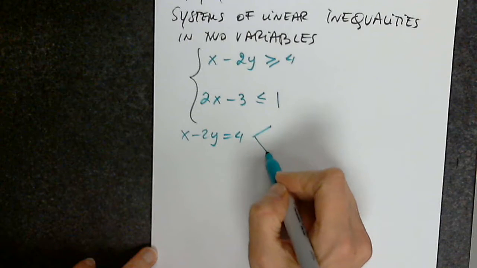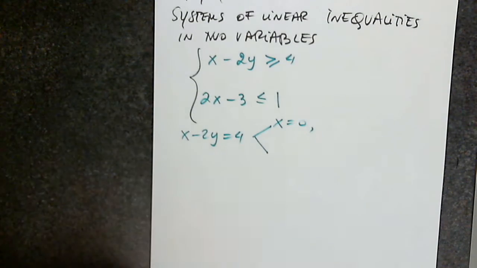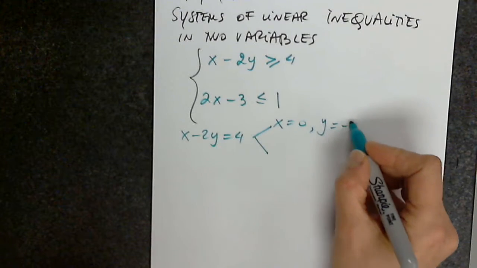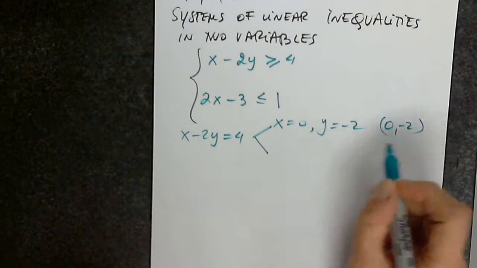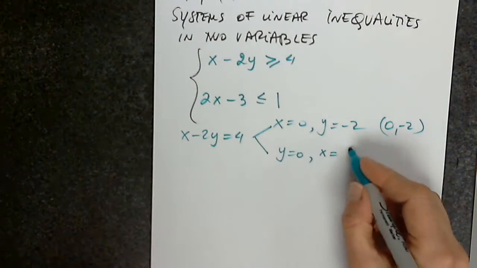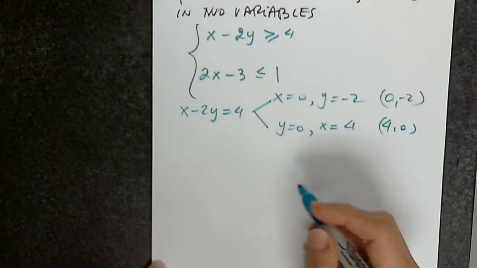Have to find two ordered pairs. When x is 0, how much is y? Good. So y equals negative 2. So 0, negative 2. When y is 0, how much is x? 4. So 4 comma 0. Let's graph.